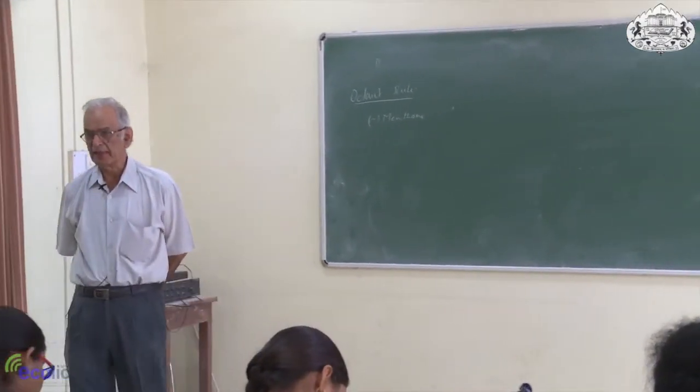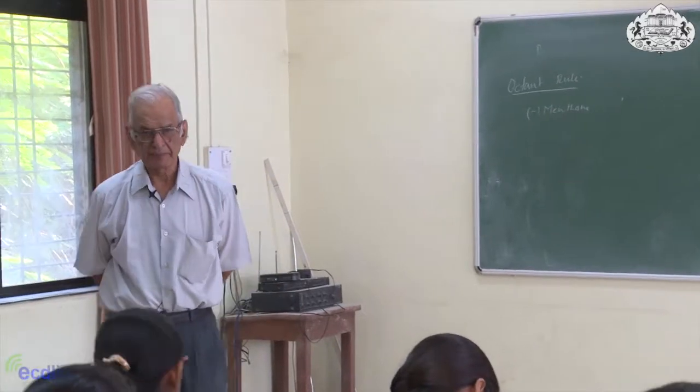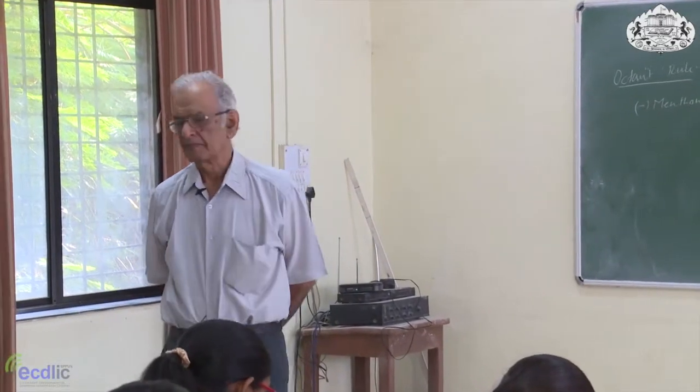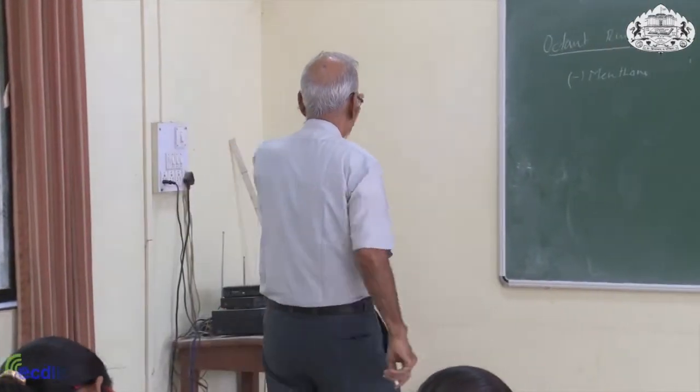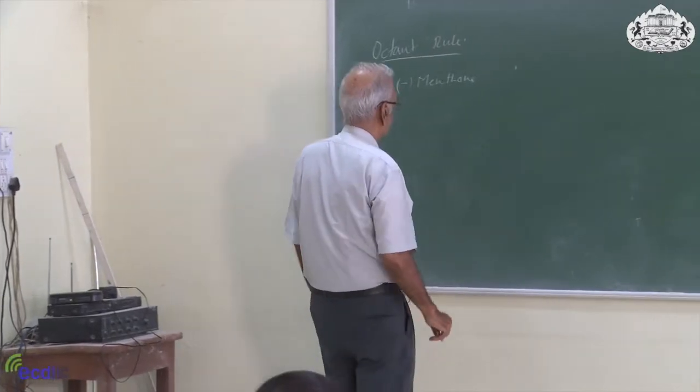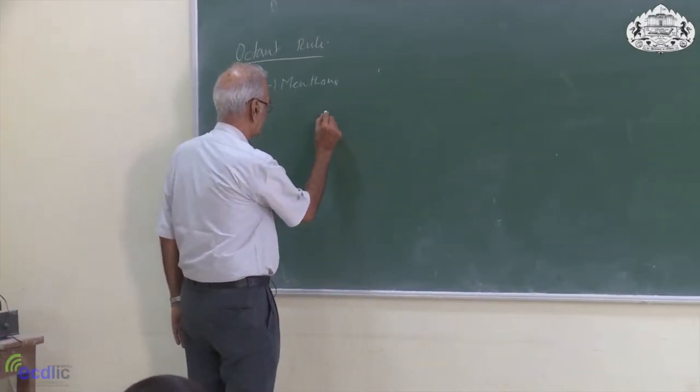When I say minus menthone, what does it mean? It shows negative rotation at 589 nanometers. Okay. Minus menthone.